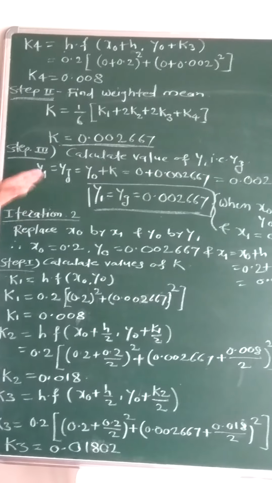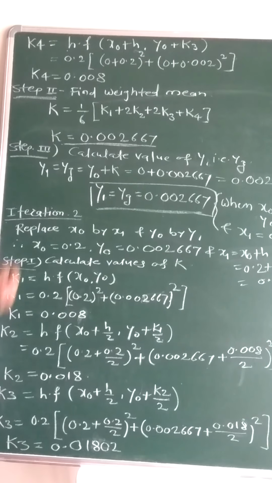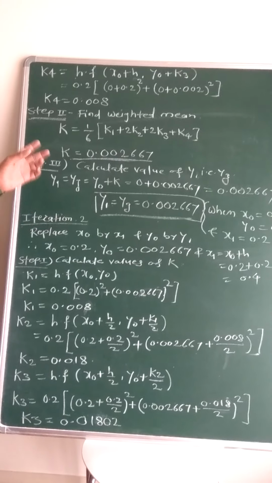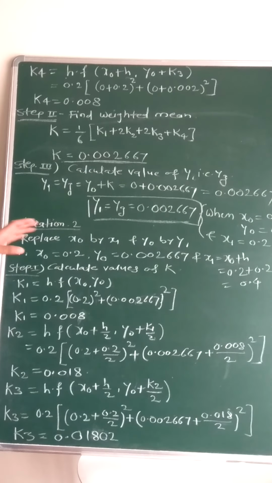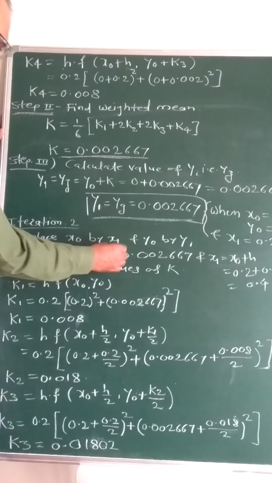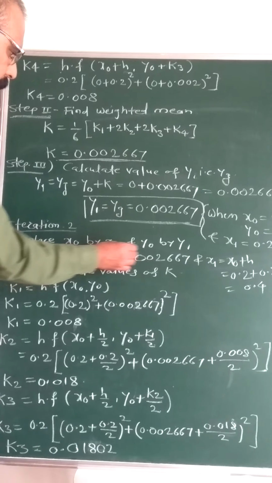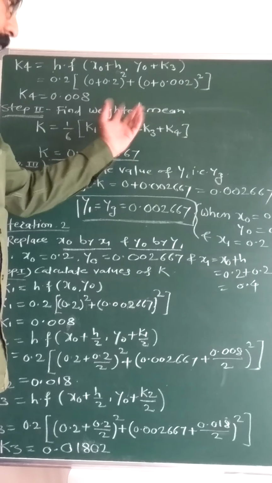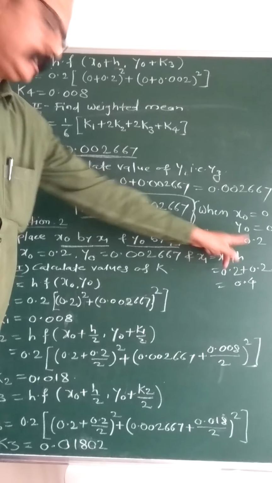Now iteration number 2. For iteration number 2, we have to replace the values of x0 and y0. That is, replace x0 by x1 and y0 by y1. Here for the first iteration x1 is equal to 0.2.